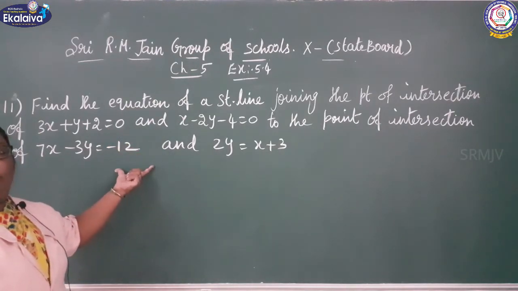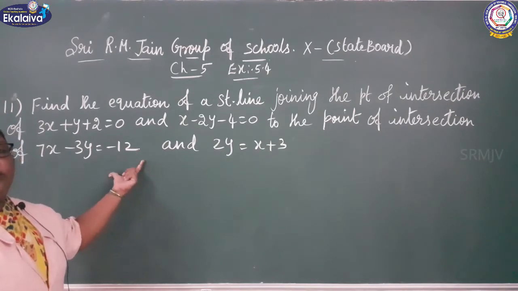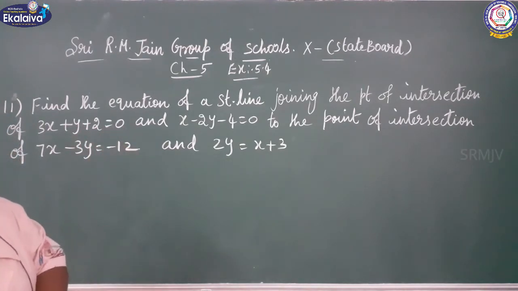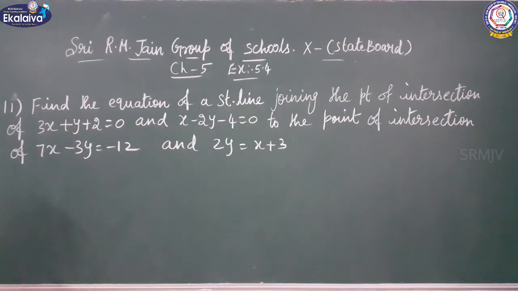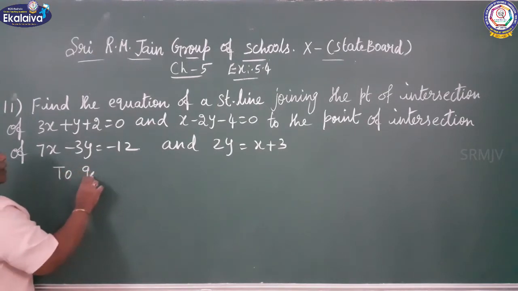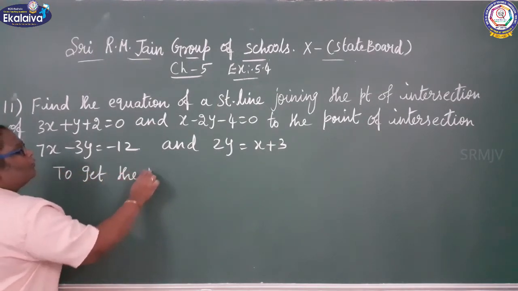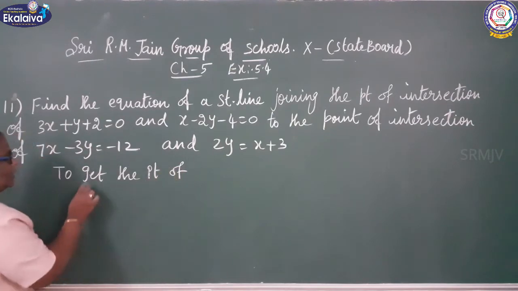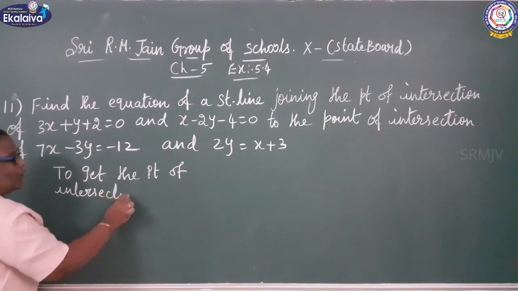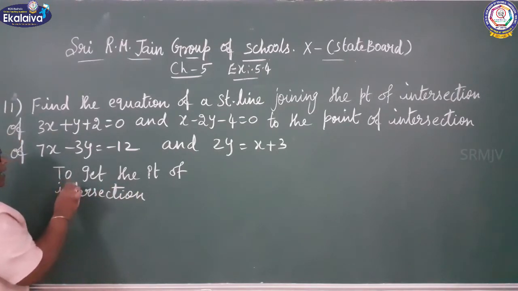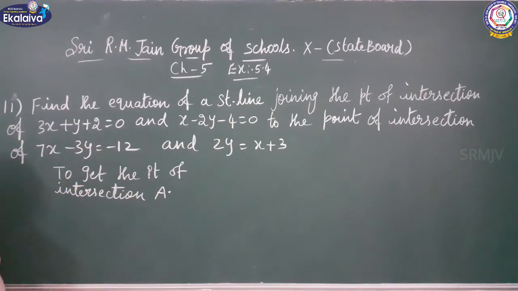In the same way, you can solve the other two equations and get another point. To get the point of intersection A, solve these two equations.